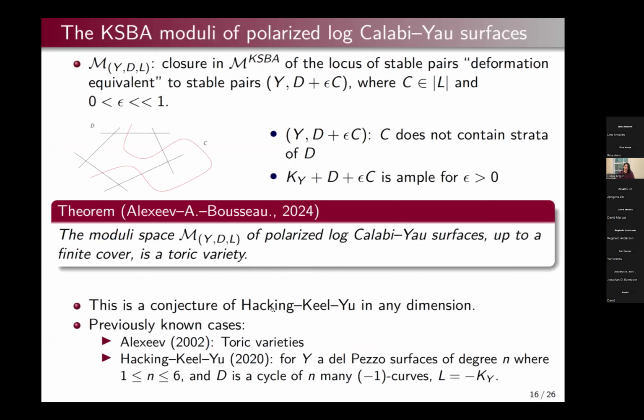This proves a conjecture of Hacking–Keel–Yu, which was conjectured in any dimension, and the so far known cases were for toric varieties by Alexeev and for del Pezzo surfaces of degree n, where n is between 1 and 6, and we prove this for all possible local Calabi–Yau surfaces.